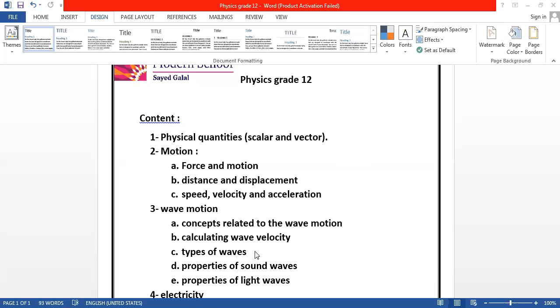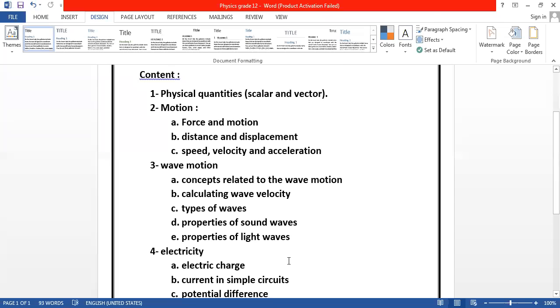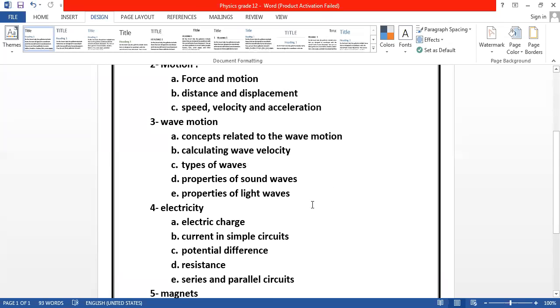After finishing the wave motion, we're going to speak about something new that has nothing to do with the previous things, which is electricity. We're going to study the electric charge, current in simple circuits, potential difference, resistance, the current intensity, the potential difference, and resistance.